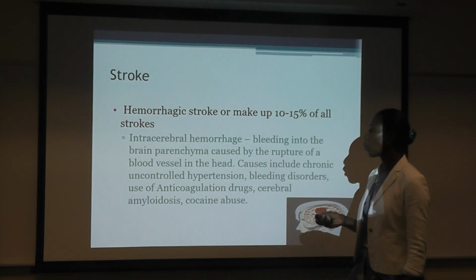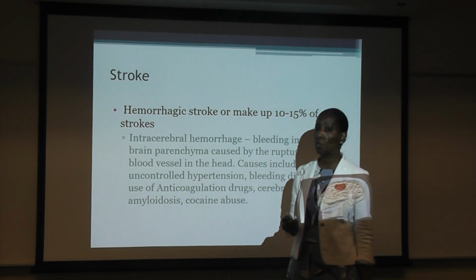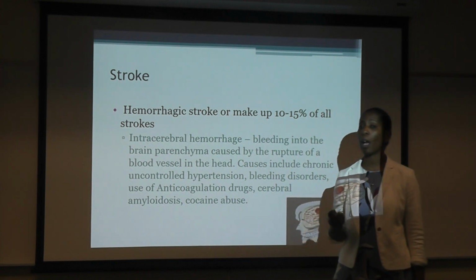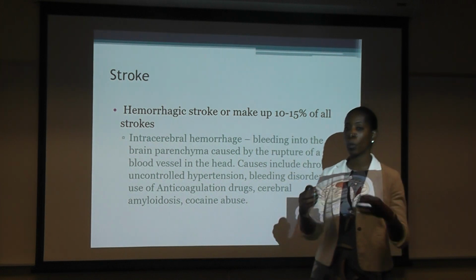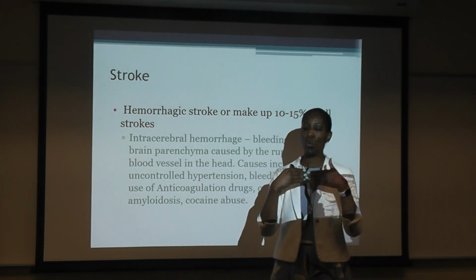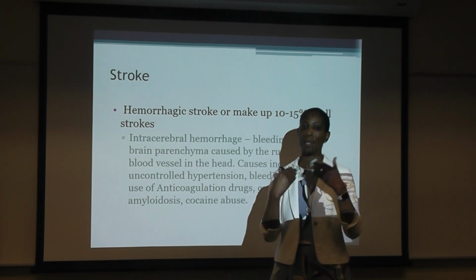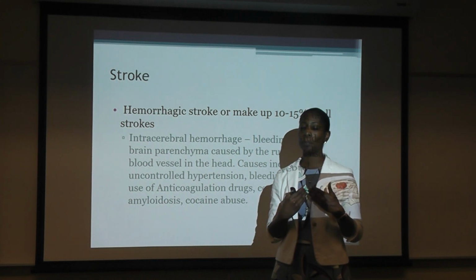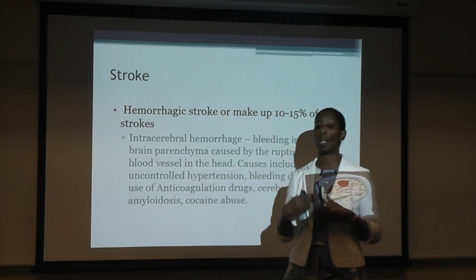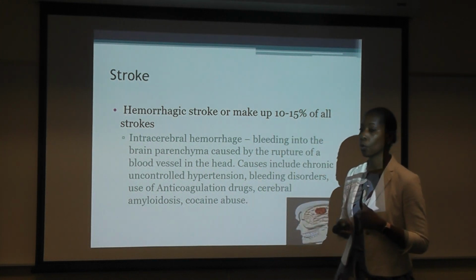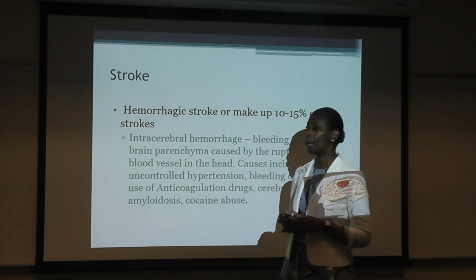Okay, so rupture of a blood vessel. You can also have intracerebral hemorrhages due to things like arteriovenous malformation, where you have an abnormal joining of veins and arteries that can rupture and cause an intracerebral hemorrhage. Okay.